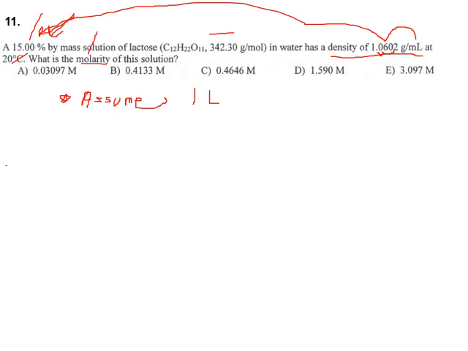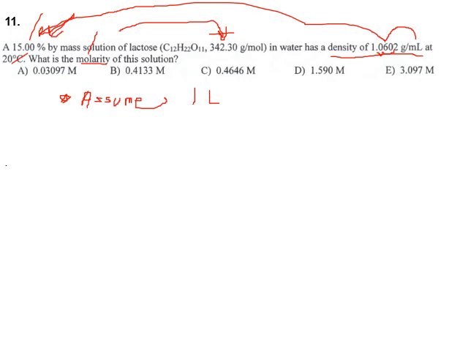Once we know how many grams of lactose we have, we can divide that by how much 1 mole of lactose weighs, which is 342.3, and that gives us the number of moles of lactose, the solute in this case. That's the top part of our fraction.